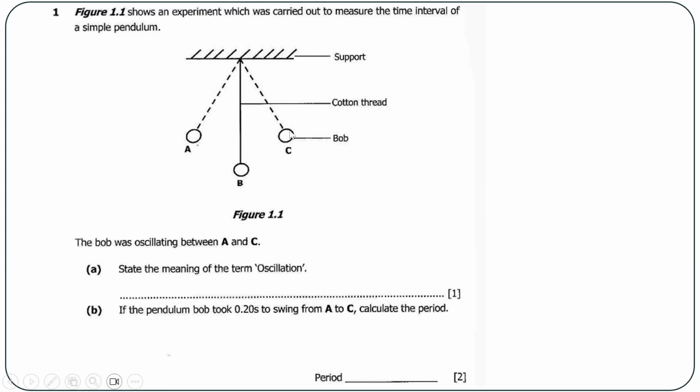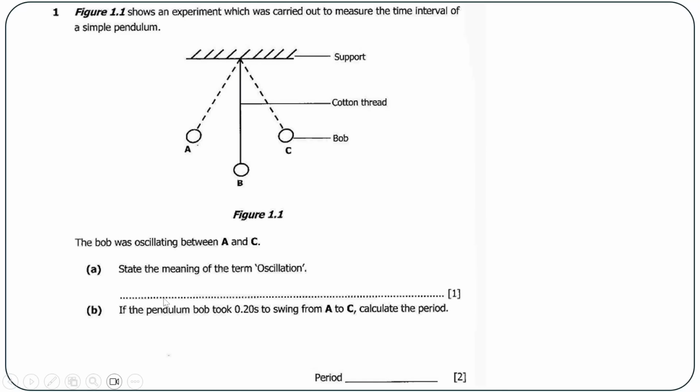So we have the support as usual, the bob at positions A, B, C, and the cotton thread. Then they say the bob was oscillating between A and C. (a) State the meaning of the term oscillation.